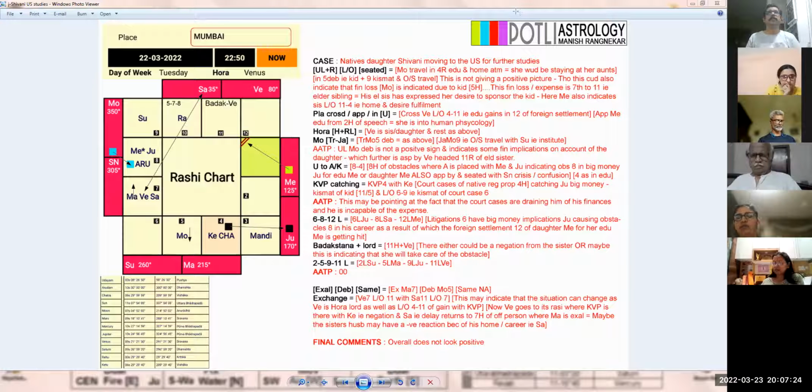So let's do one thing. We have got 2.5 minutes. Let me quickly recap everything for you. We first analyzed the Udayam Lord, which is Moon, and saw where Moon is seated. Next, we took the Karak planet, considering Jupiter as Karak, saw where it is seated, and analyzed that. Third, we saw the Karak Bhav, which is the fifth.